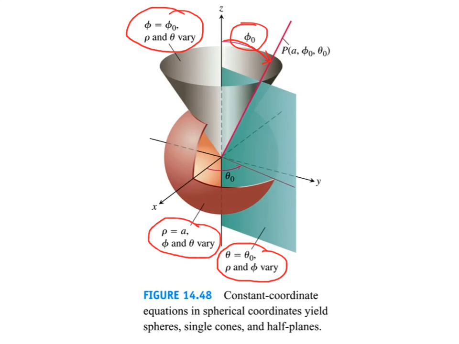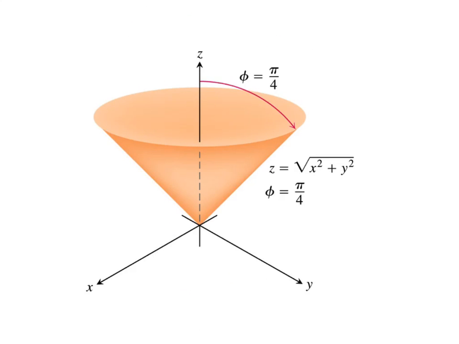Next, I'm going to show you an example of a cone where the equation is phi equals pi over 4. So basically, what I'm saying is that phi, this angle right here, is pi over 4 radians from the positive z-axis. And then, because it's the full circle of the cone, I would have that theta is all the way from 0 to 2 pi.